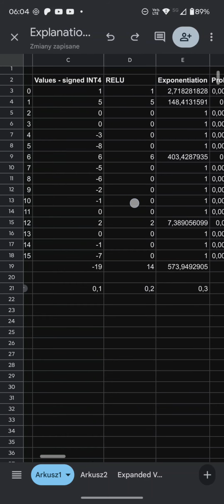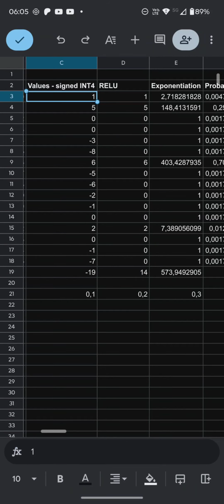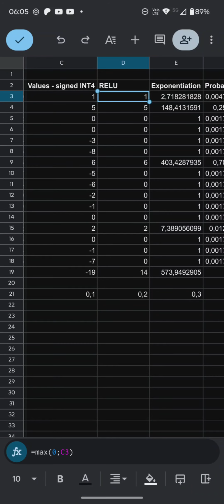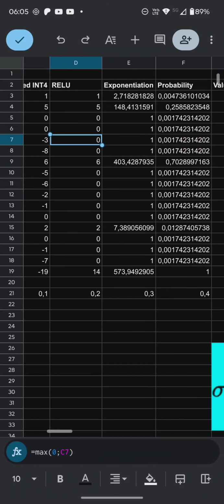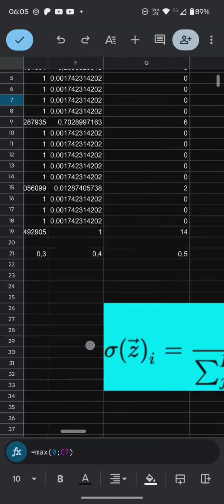As you can see here, the original values were 1 and 5, and the ReLU values are 1 and 5. But when it was -3, it got assigned 0. The problem with that approach is the softmax function, and later I will show you why. Because what is the softmax function?